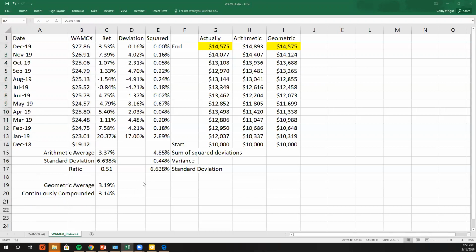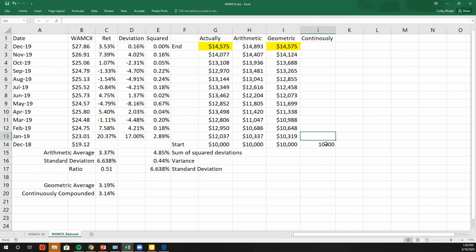Okay. There is an alternative way, and by the way, if you want to check this, I've got to make sure I do this right. I often mess this up. But again, we're going to start with $10,000. So now I'm going to take $10,000 times e raised to the continuously compounded rate, and you multiply that by the number of periods, but in this case, it's only one period.